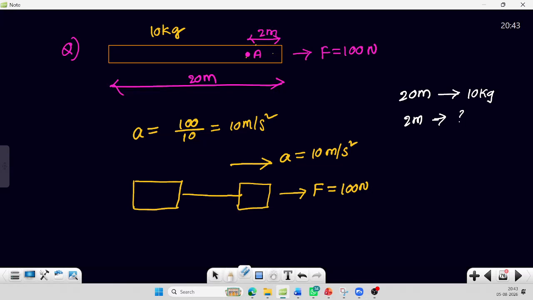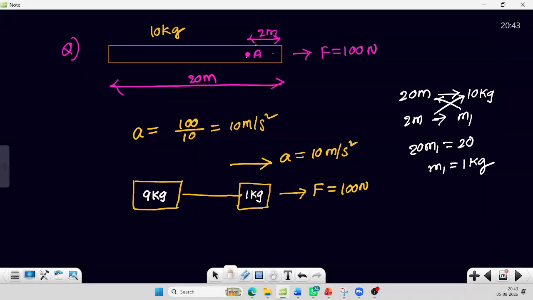If I call this mass M1, simply cross multiply: 20 into M1 is equal to 20. So M1 is 1 kg. This mass is 1 kg. So this mass is how much now? 9.